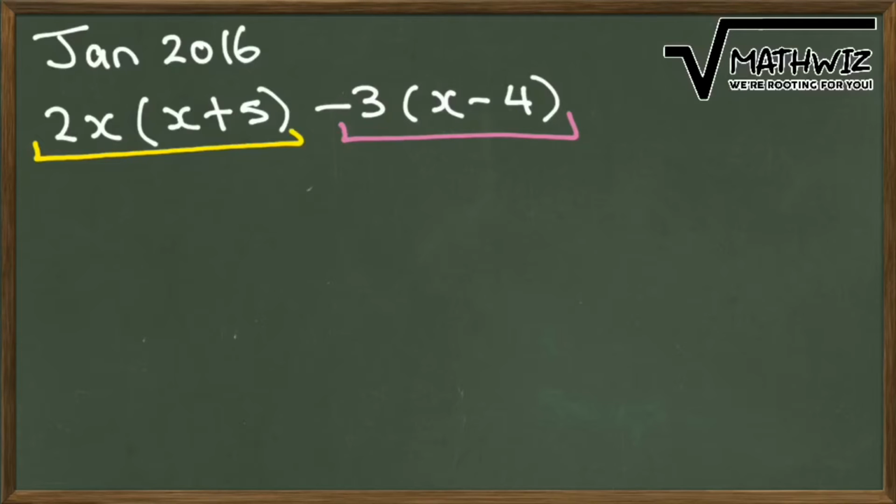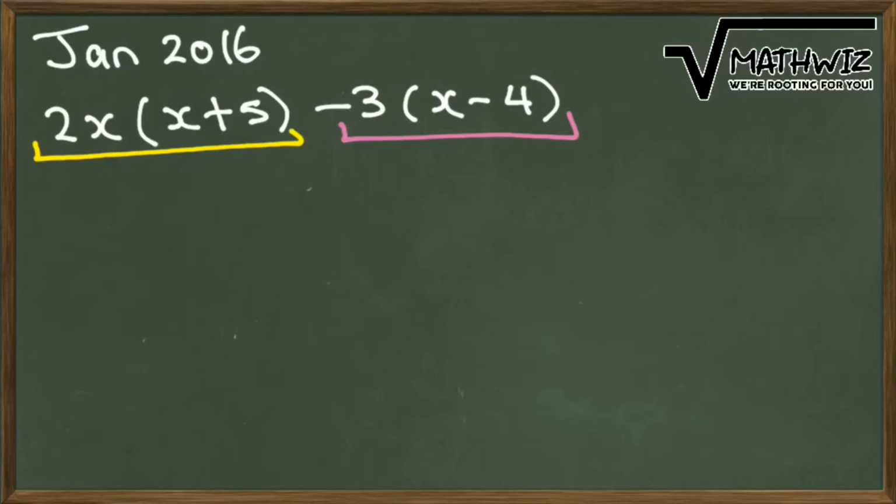Okay, so we have split these 2 things just so that we can see it clearly as I am going through. So I have the 2x on the outside of the bracket, so I'm going to work that as one question, and then minus 3, open bracket, x minus 4 as another question. So here at MathWiz Academy, you'll notice that we try to make a lot of the complex questions for me to break it down and show you that they're really just a combination of simple questions, right?